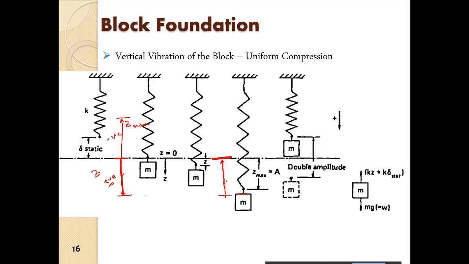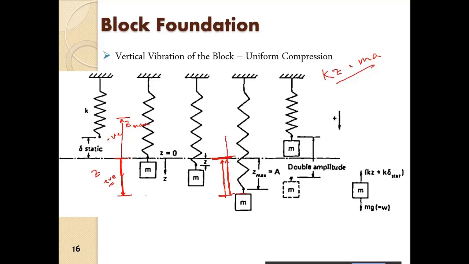As the force decreases, the acceleration will also decrease, because we have kz is equal to mass into acceleration. So acceleration will be maximum here, and it will decrease in this direction, and it will be 0.